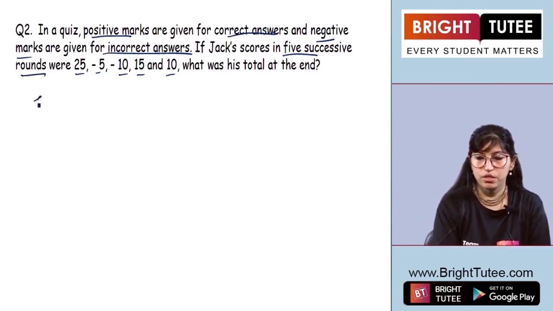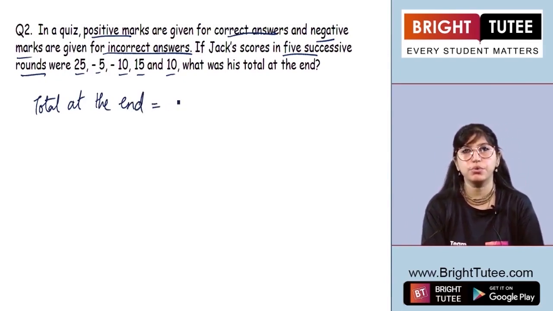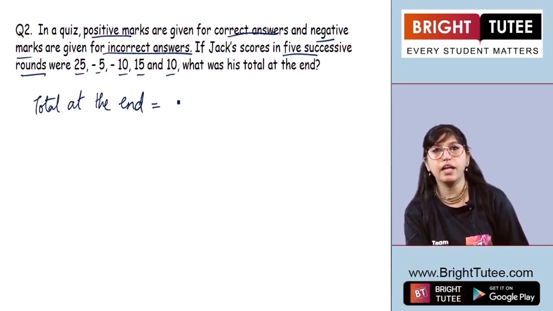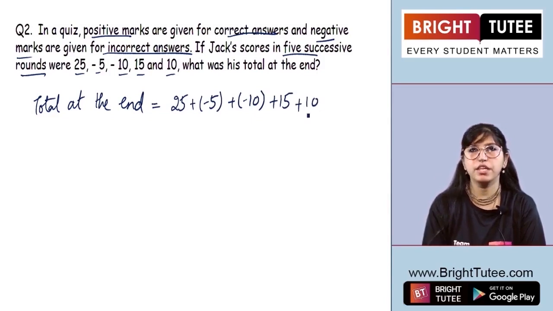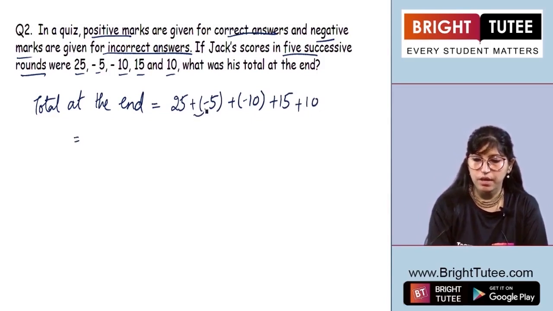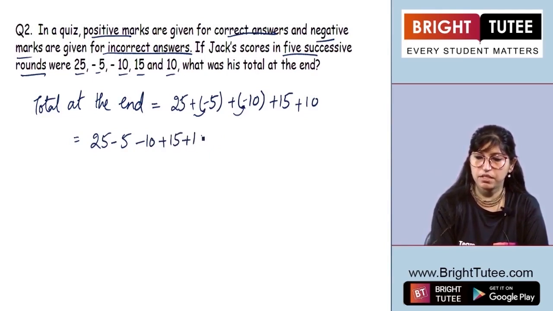So the total at the end is, we'll be adding all the numbers, the marks he got. We'll start with 25 plus -5 plus -10 plus 15 plus 10. Plus minus is minus, so we'll get 25 minus 5, again plus minus is minus 10 plus 15 plus 10.